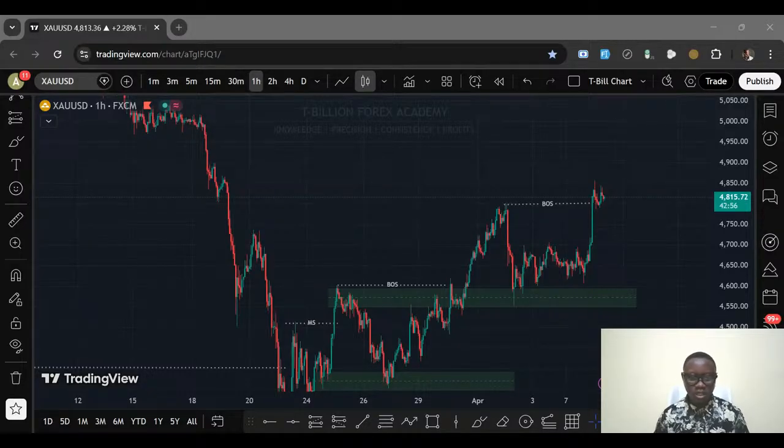Whether you're a newbie trader, an intermediate trader or a pro trader, I want you to stick with me as we follow a clear top-down analysis process. So let's dive right into today's market analysis.